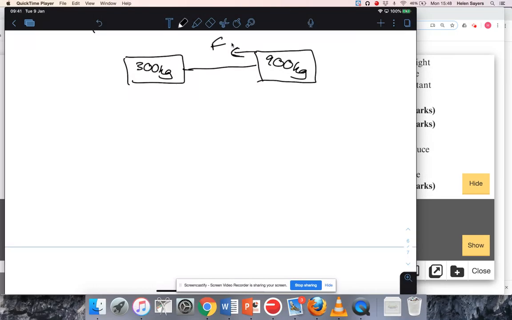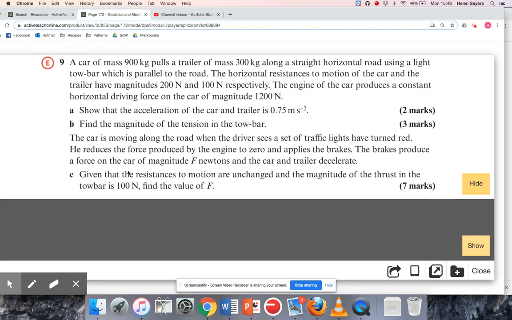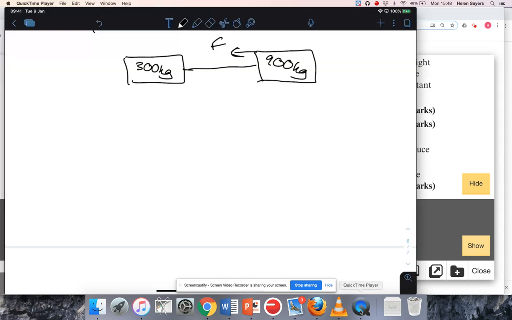So given the resistances to motion are unchanged, the trailer had 100 newton resistive force and the car had the 200 newtons, that's due to friction on the road, air resistance, that kind of thing.